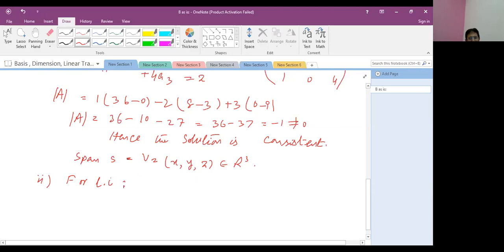For linear independence, A1 V1 plus A2 V2 plus A3 V3 equals 0.